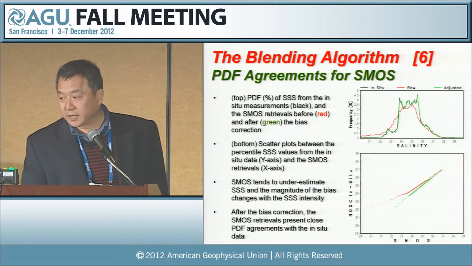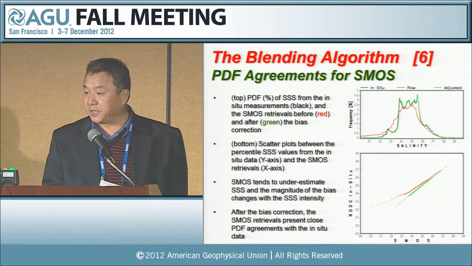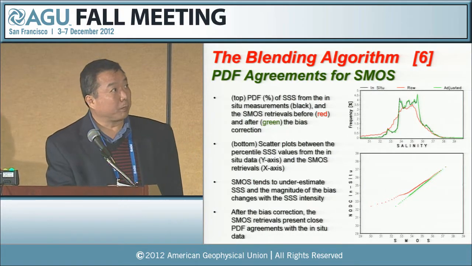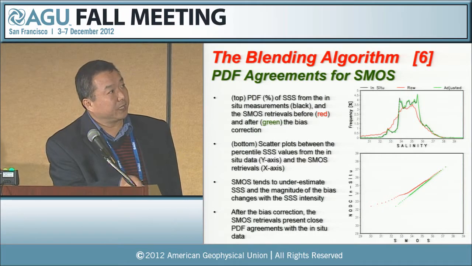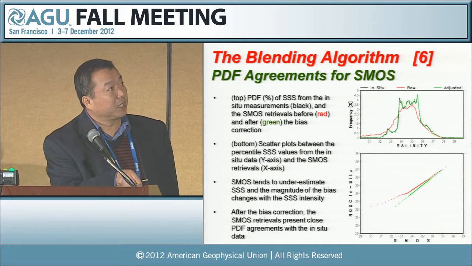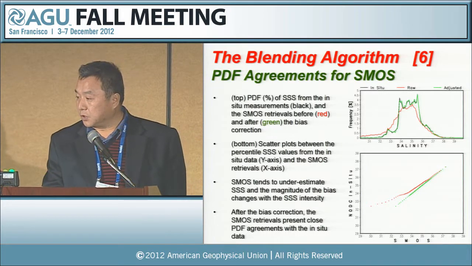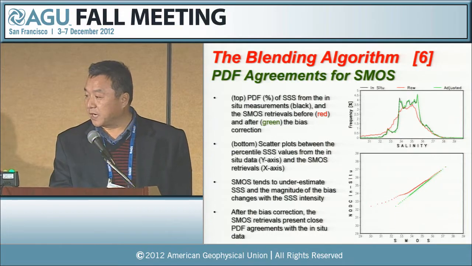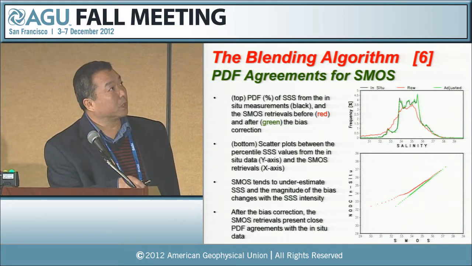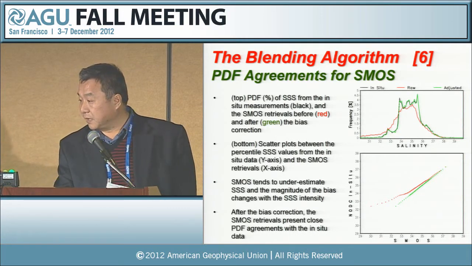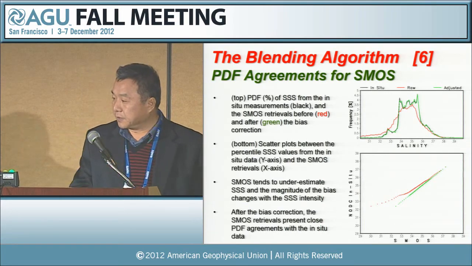And this shows an example of the PDF distributions for the SMOS. In the top panel, the x-axis shows the salinity intensity, the y-axis shows the frequency. The black line is based on the in-situ data, the red line is based on the raw SMOS retrievals, and the green line is after bias collection.